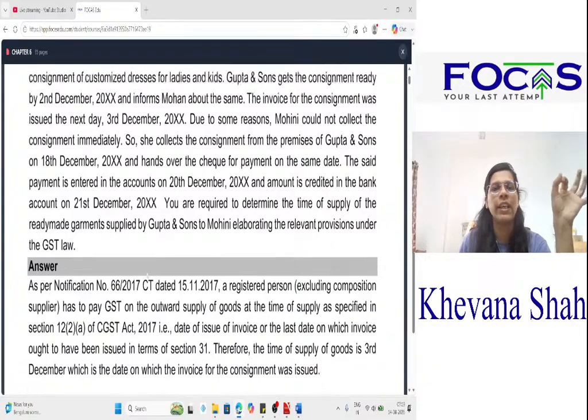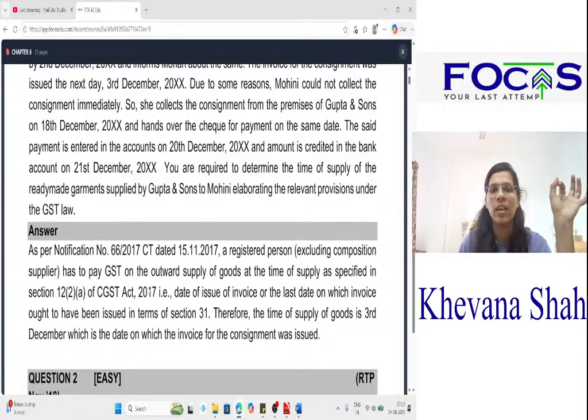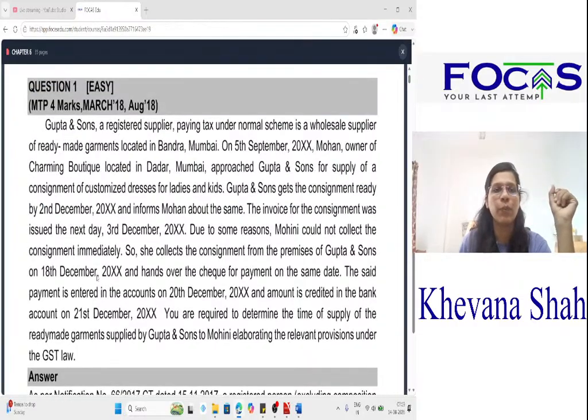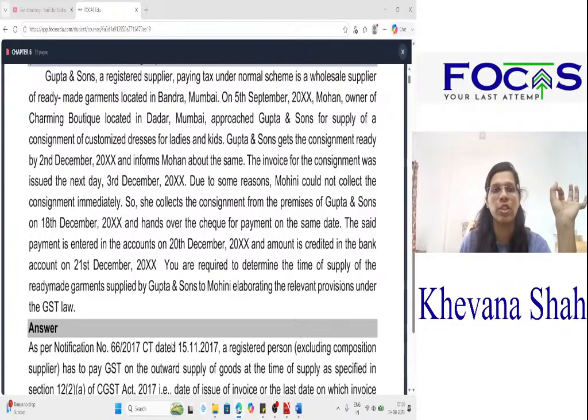So now the date of issue of invoice is 3rd December, and the last date on which the invoice has to be issued is beyond this date. So here the time of supply of goods is 3rd of December, on which the invoice for the consignment was issued.